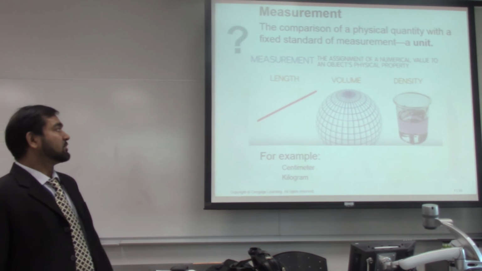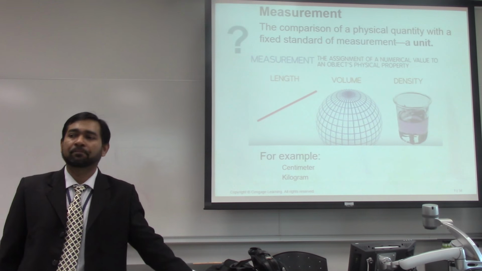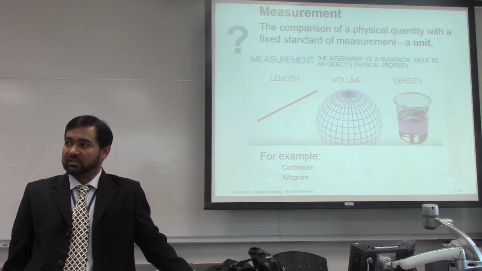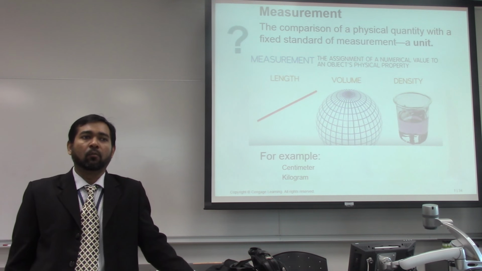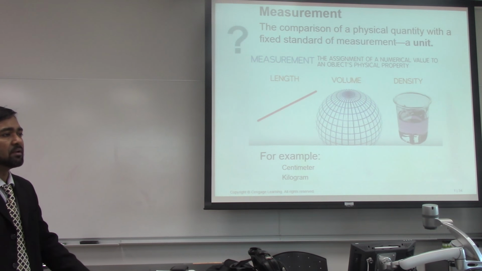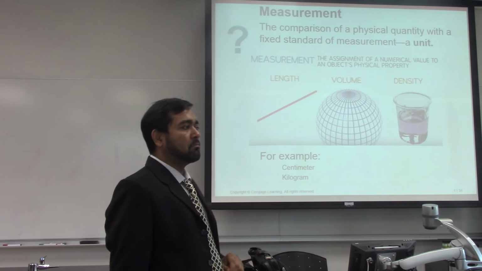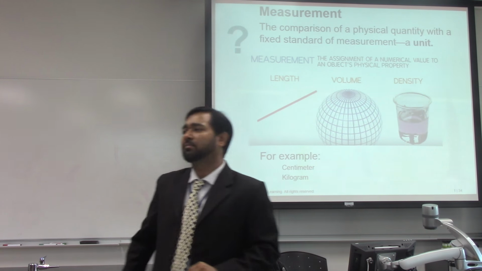Okay, so same way, there are two things. One is assigning a measurement with a unit. So what unit do we use? We use different types of units, for instance centimeter, kilogram, meter, gram. A lot of them.